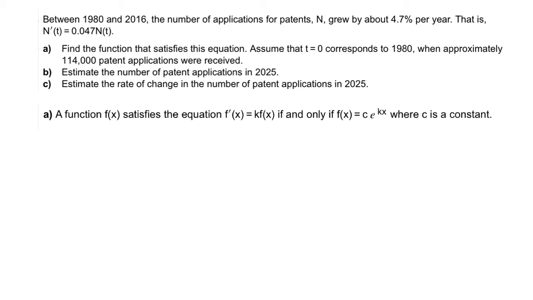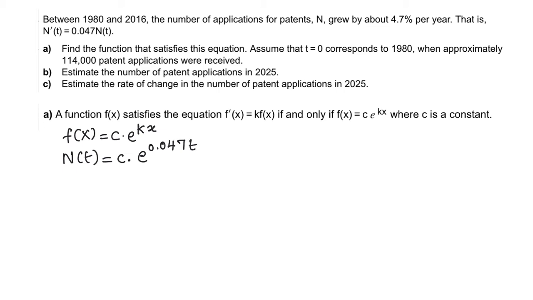So it satisfies this equation if and only if I can write N(t) = c e^(kx). Let me write down the equation first: f(x) = c e^(kx). So instead of that we have N(t) = c e^(0.047t), where c we don't know and k is the constant 0.047. Instead of x we have t.